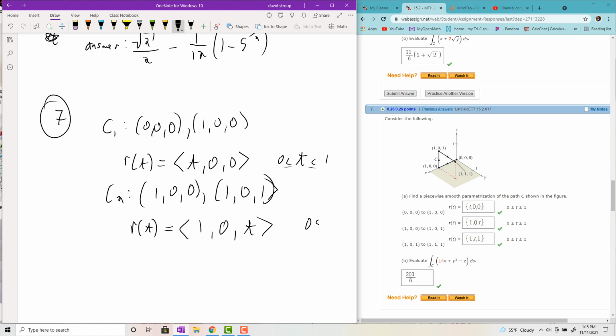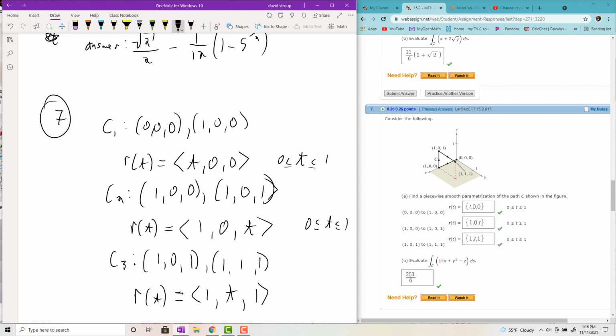And that will be a parameterization from 0 to 1. And then the third one, C3, is going from the point, and I know I have the answer sitting there, but try not to look at the answers, 1, 0, 1 to 1, 1, 1. Okay, so the first component, 1 to 1. So 1 is constant, so you just put 1 there. The second component is going from 0 to 1, so you can put t there. And then the third component is just 1 to 1, so you just put 1.